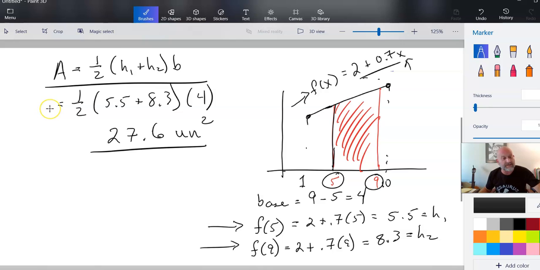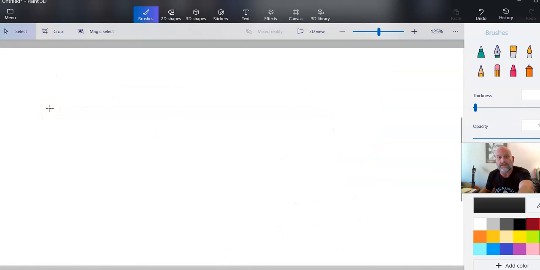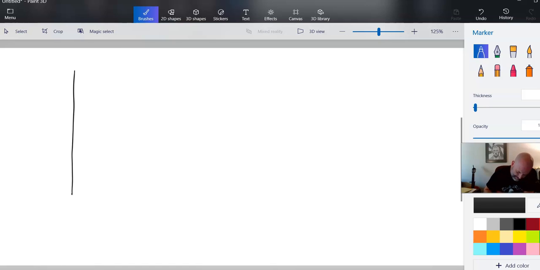So let me go ahead and clear this off. Okay, so our last example here. Let's see how that'll work. And this one's going to be for you guys to work on. Let me just go ahead and mark this stuff here. 11.